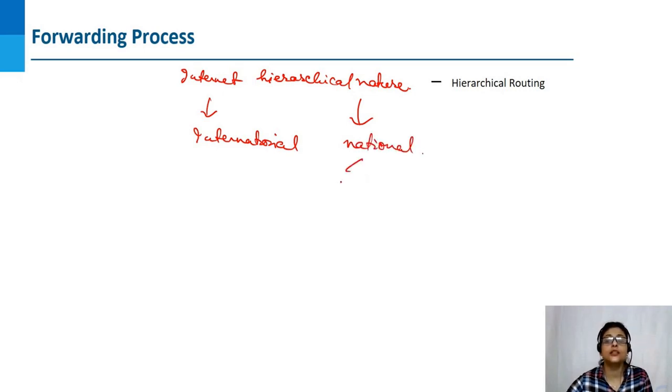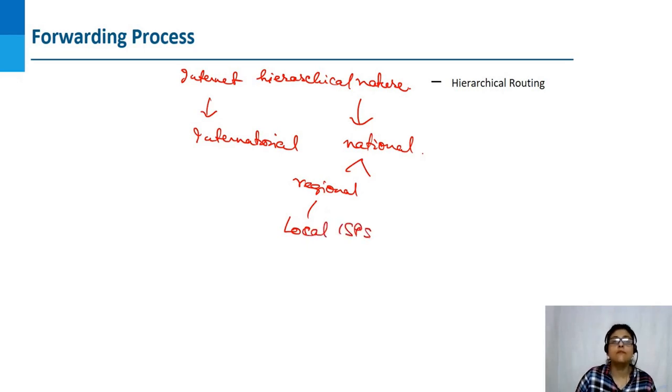These national ISPs are again further divided into regional ISPs, and these regional ISPs are divided into local ISPs. So in the same manner as the internet has a hierarchical nature, the routing also can be hierarchical, which will greatly reduce the routing table.